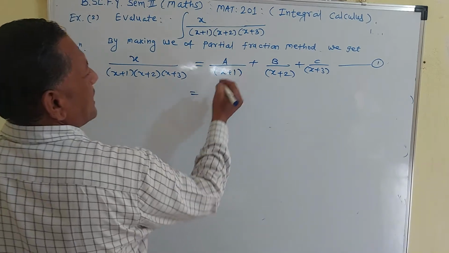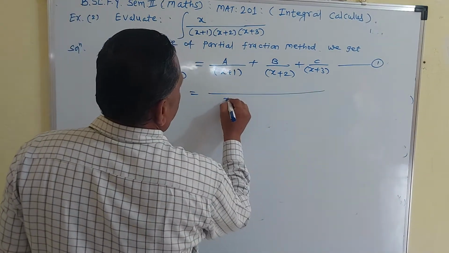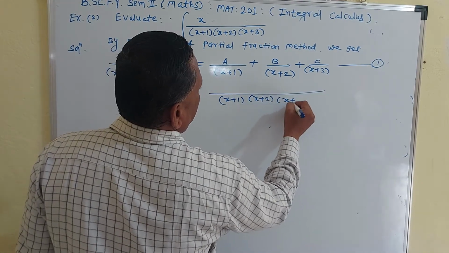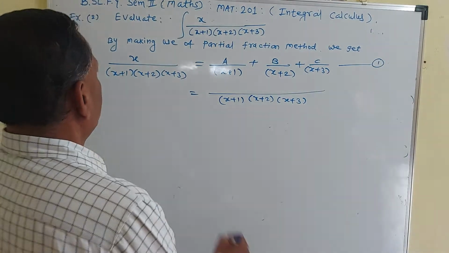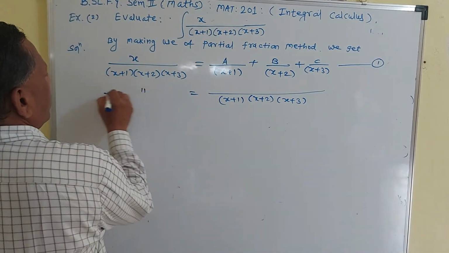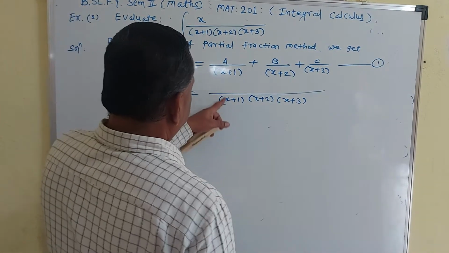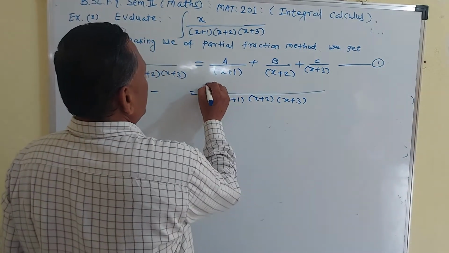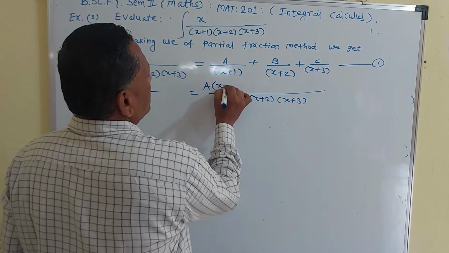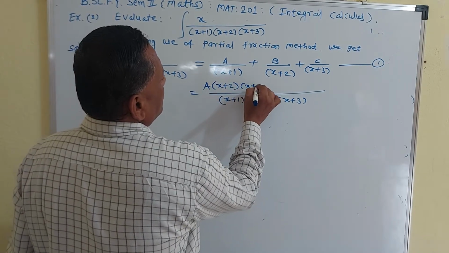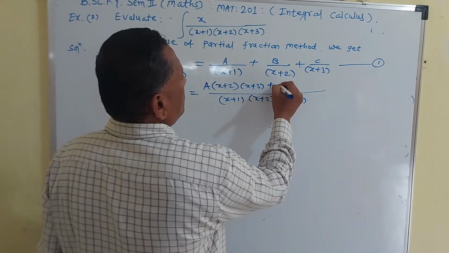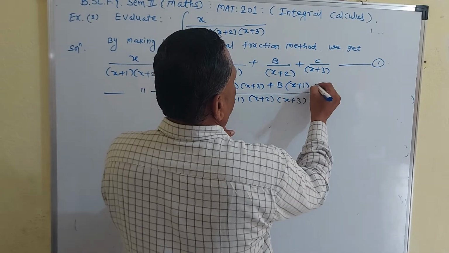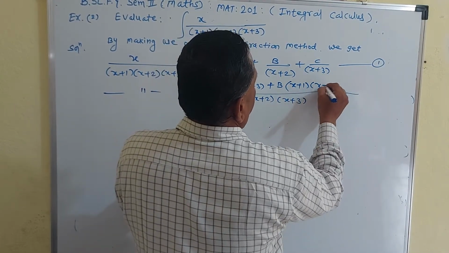Therefore, this right side can be written as, here LCM is x plus 1 into x plus 2 into x plus 3. So left side is as it is, same. So x plus 1 cancel. You divide this, x plus 1 cancel. Then remaining is a into x plus 2 into x plus 3. Then plus b into x plus 2 cancel, x plus 1 into x plus 3.